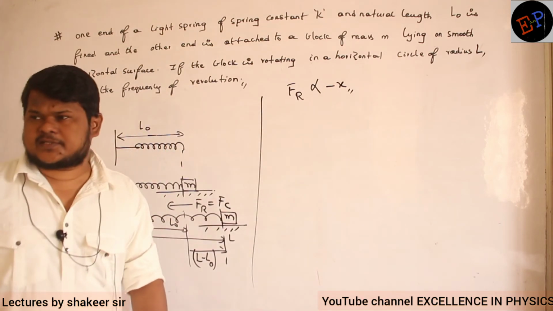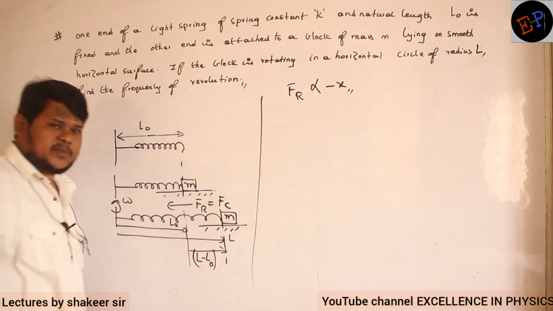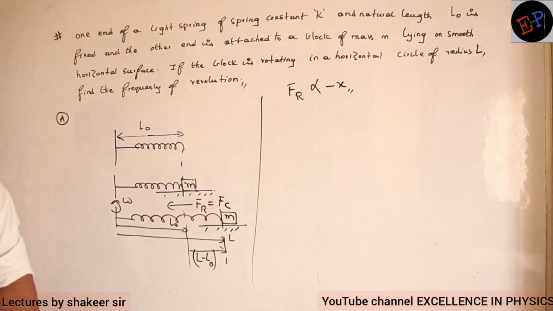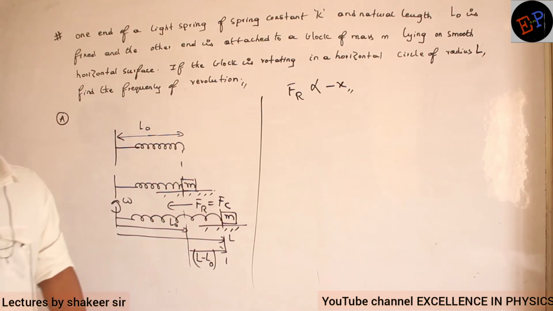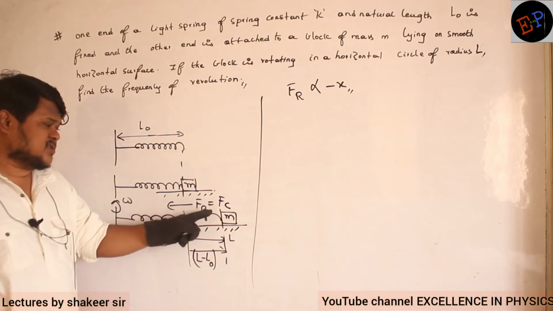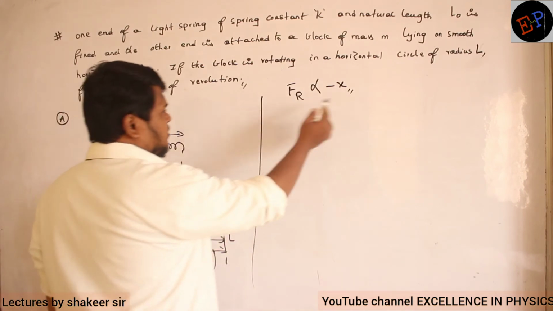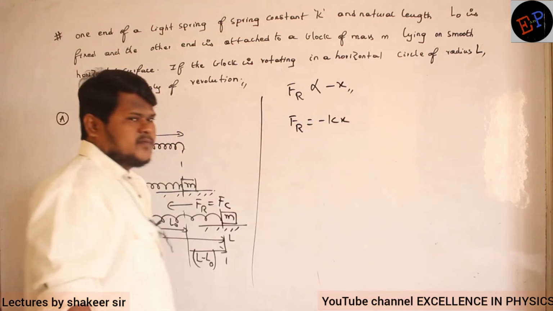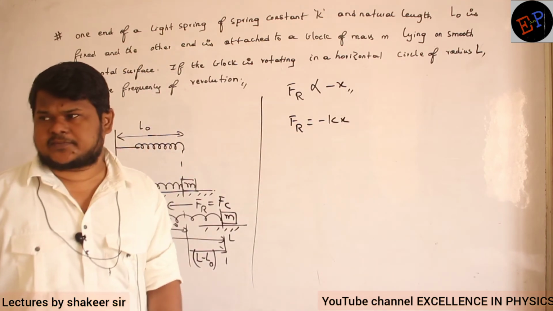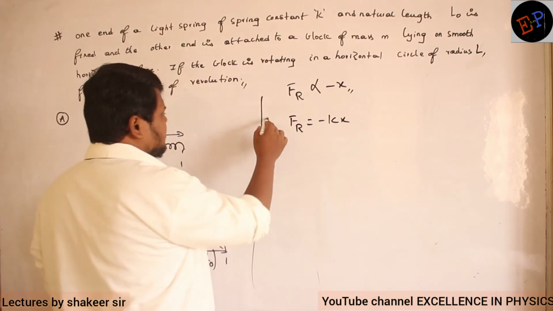If elongation is in one direction, the restoring force will be in the opposite direction. That restoring force is responsible for providing centripetal force. So restoring force is minus k into x, where k is the spring constant. Restoring force is nothing but centripetal force.